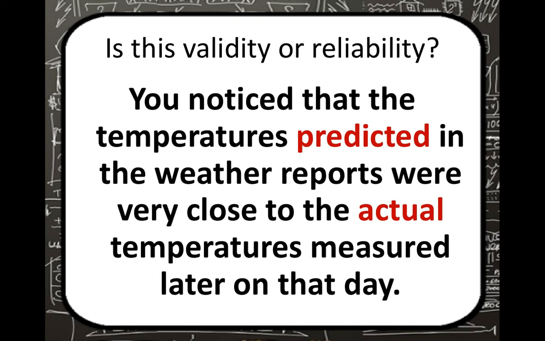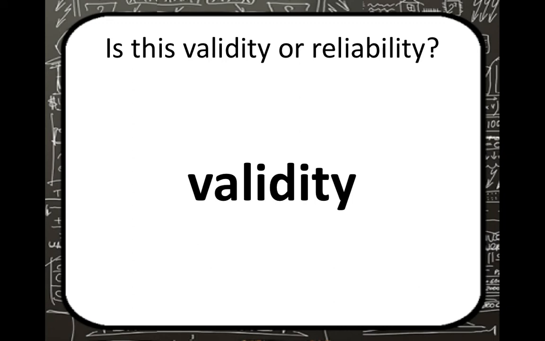We're kind of talking about what? Accuracy here. The predicted weather is very close to the real weather. That means we seem to actually be measuring what we are trying to measure when we're predicting. Therefore, we're talking about validity. The validity of the predicted weather.